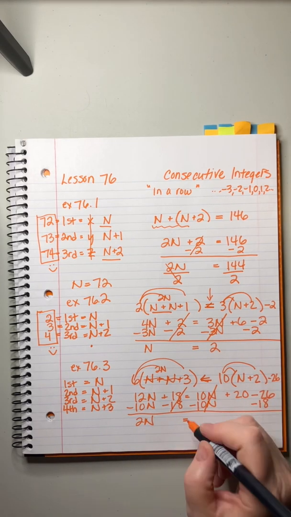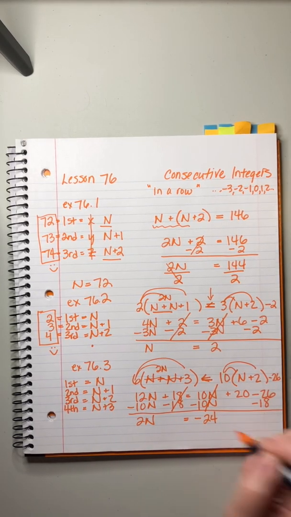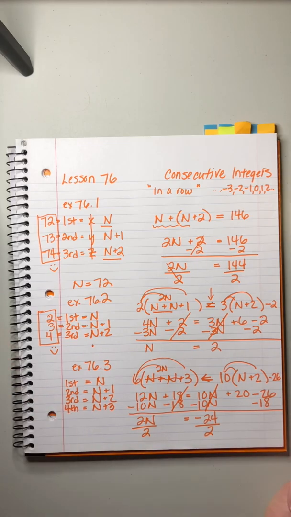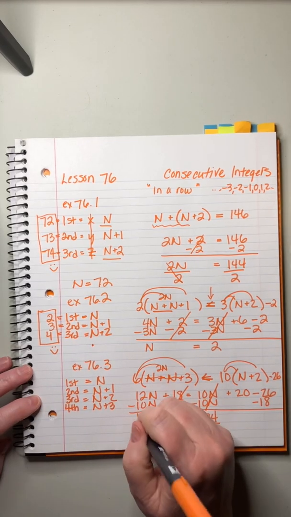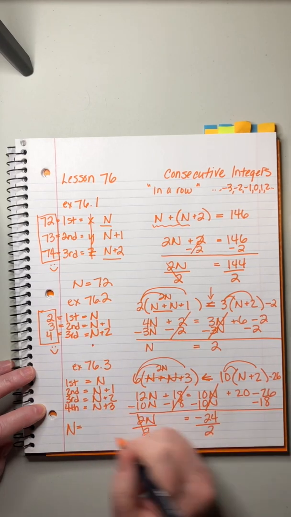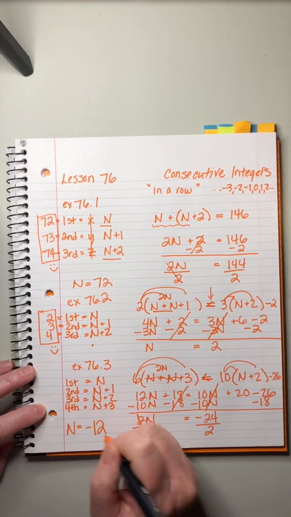And then minus 18 more, that is minus 24. That's a big number. But don't let it freak you out. If it's a negative number, it's a negative number. It's fine. We divide and we get n equals negative 12, right?